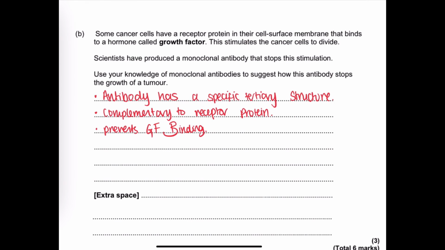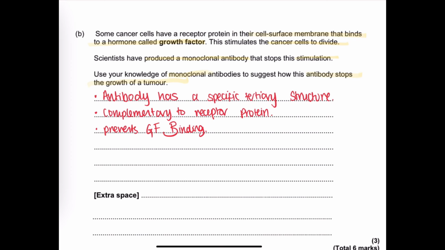So B, some cancer cells have a receptor in their cell surface membrane that binds to a hormone called a growth factor. This stimulates the cancer cell to divide. So they have produced a monoclonal antibody that stops the stimulation. From your knowledge, suggest how this antibody stops the growth of the tumor.